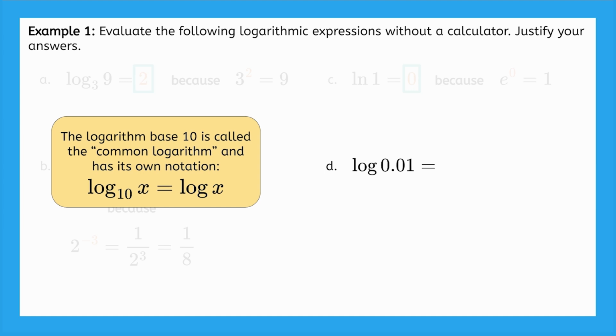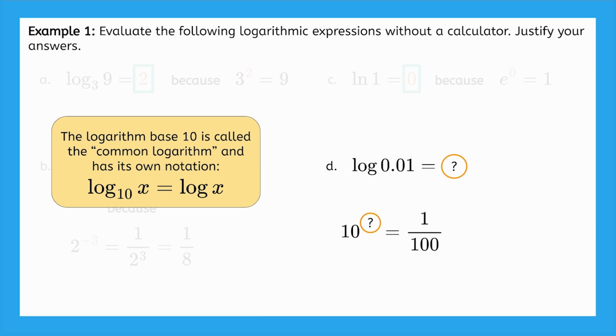So we must find the exponent that turns 10 into 0.01. How can we express 0.01 as a power of 10? Well, it'd be helpful to first rewrite this decimal as a fraction. 0.01 is the same as saying 1/100th.